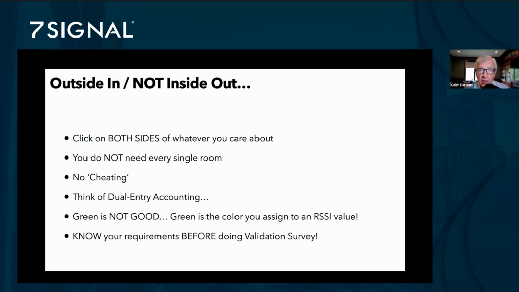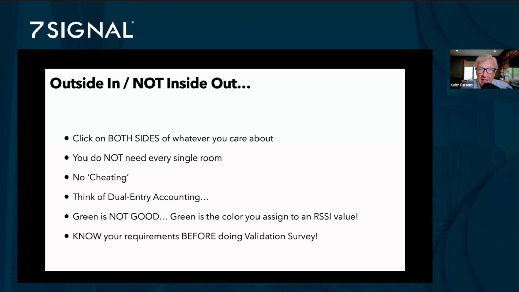Now, green does not mean good. I know there's marketing people out there who like to show beautiful colors because it looks so much better to have green and a yellow and a red. The colors are nothing more than a graphical representation of a number. In the software, you say, I want negative 65 to be this color. That's it.